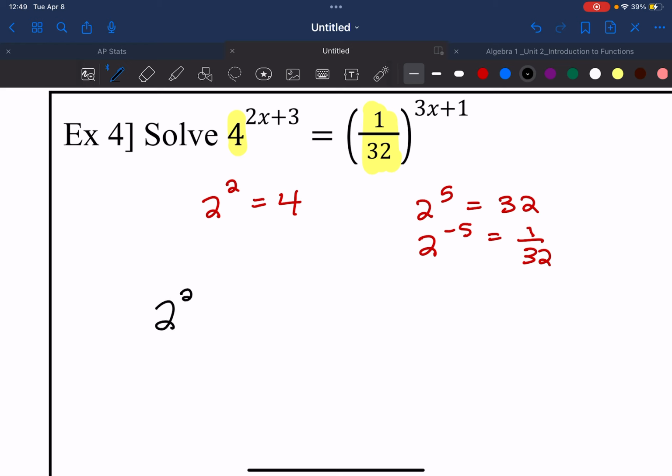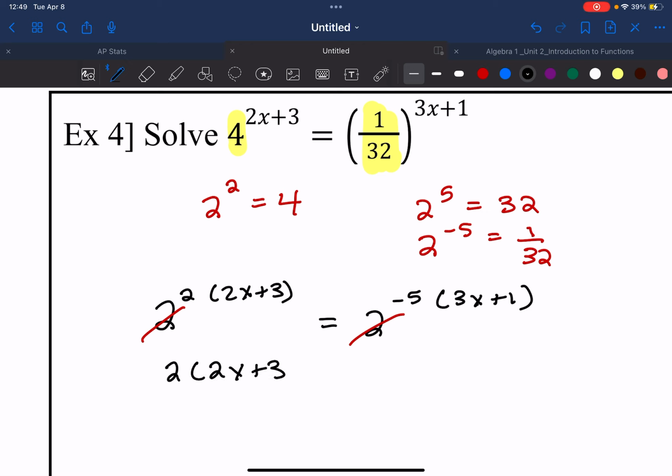So 2 squared, bring down the 2x plus 3, is equal to 2 to the -5th, bring down the 3x plus 1. Now my bases of 2 match, and I'm left with 2 times 2x plus 3 is equal to -5 times 3x plus 1.